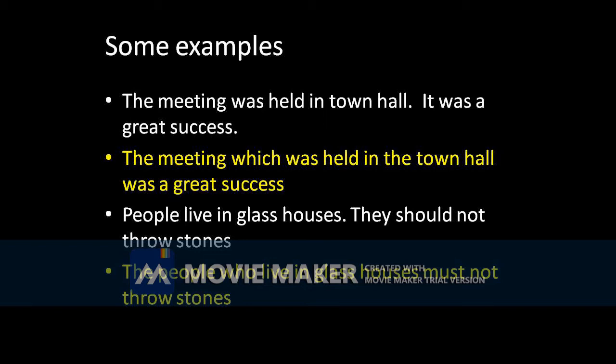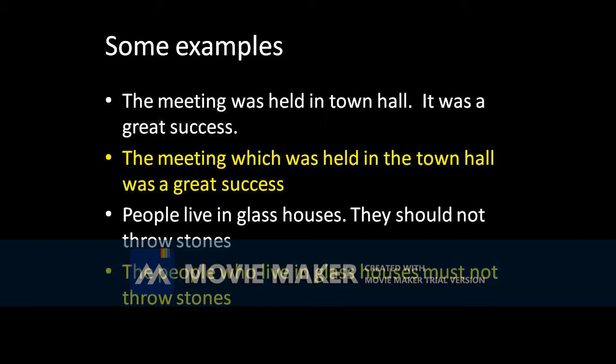How do we combine them? Here we are talking about the meeting. Meeting is a non-living thing, so we should use which in this sentence. And where should we use this which? Immediately after the noun. What is the noun in this sentence? Yes, it is the meeting.